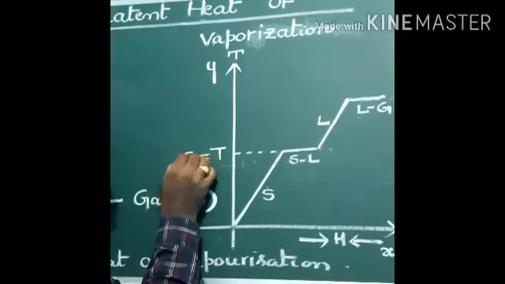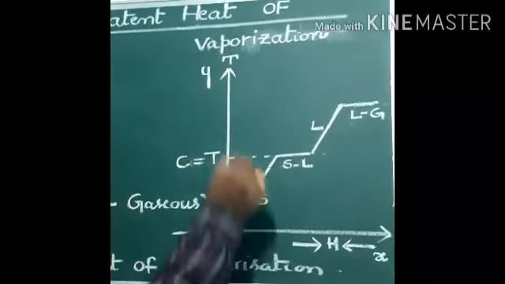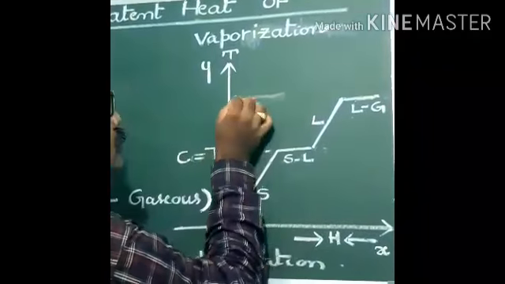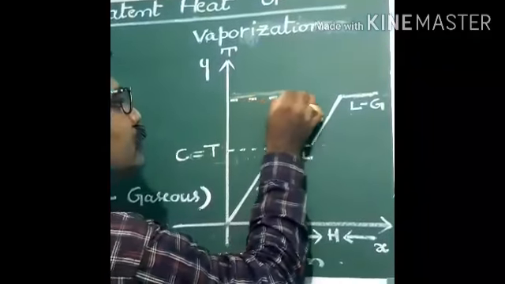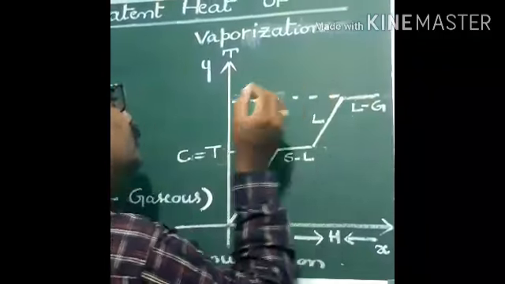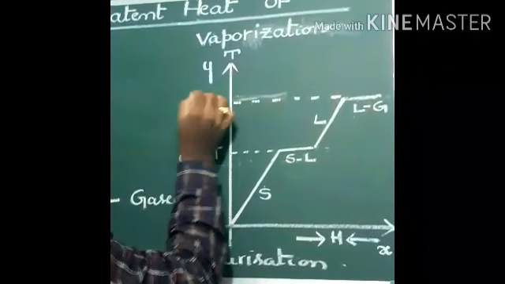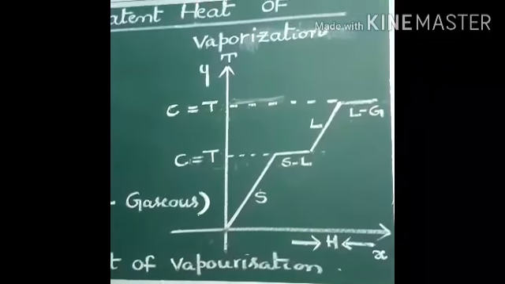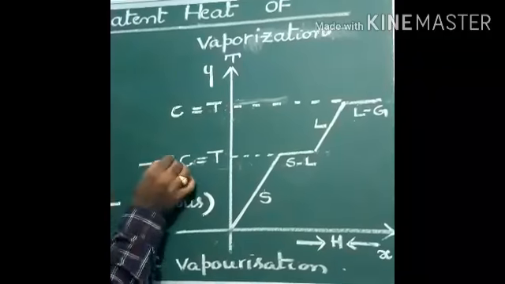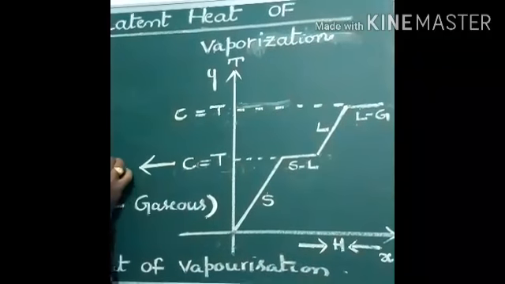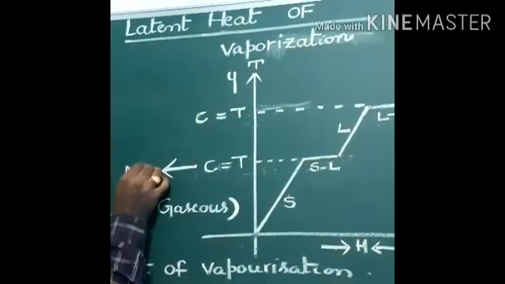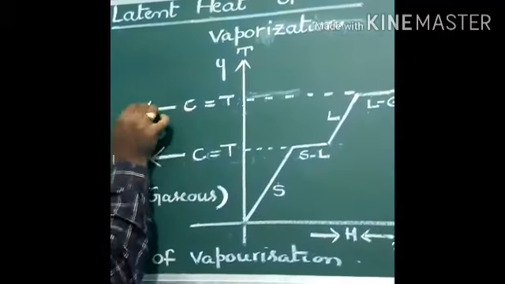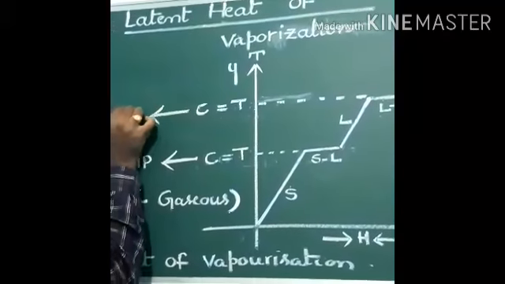Temperature is constant here, and here also temperature is constant. This point can be called the melting point. This point can be called the boiling point.